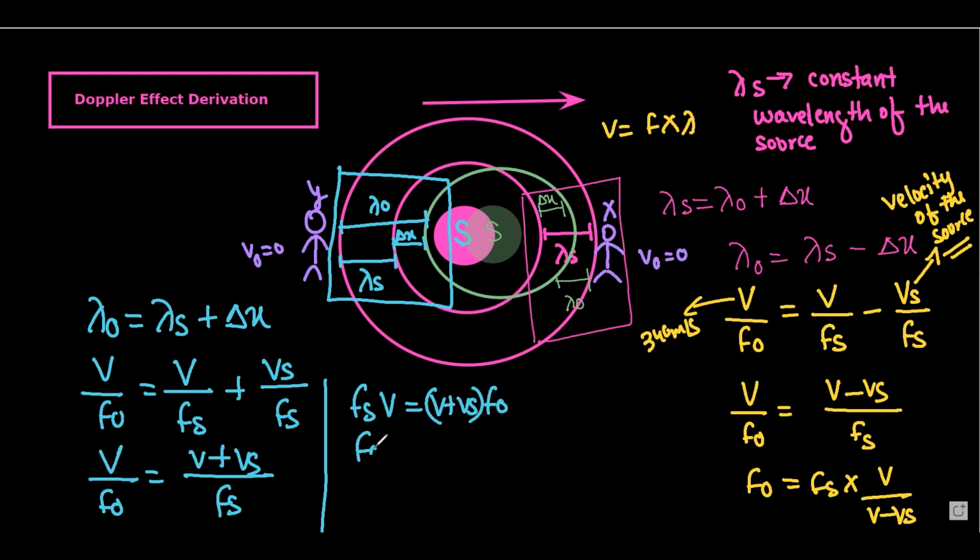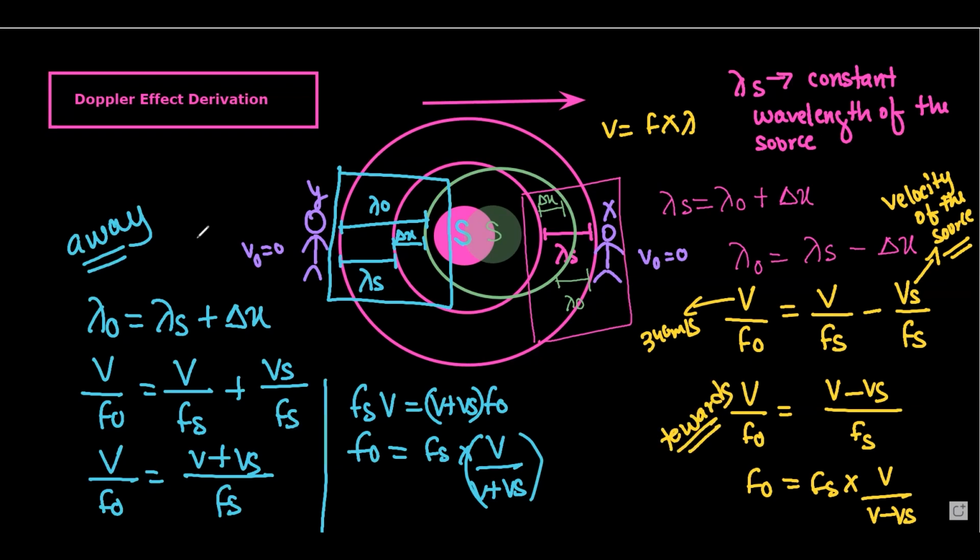Making F naught the subject, it's going to be Fs times V over V plus Vs. These are the two equations: this one is for when the source of sound is moving away from you, and the earlier one is for when the source is moving towards you.